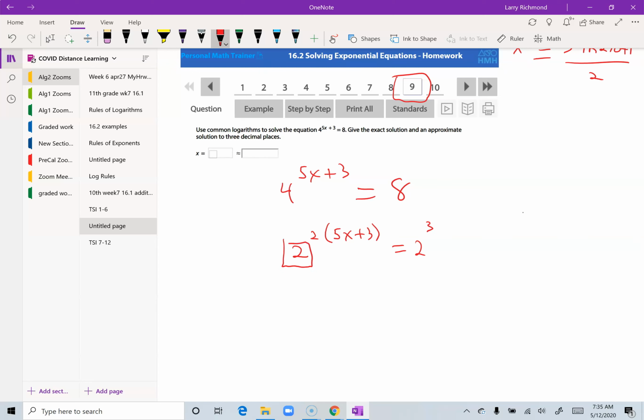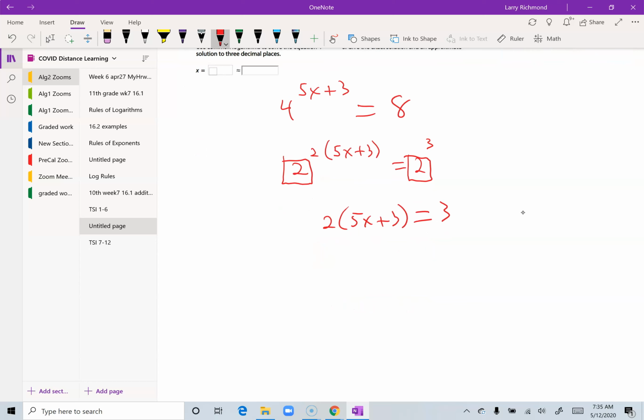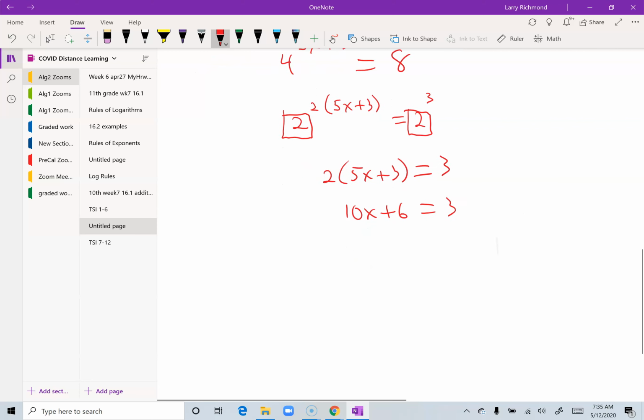So now we've got our situation. We have the bases are equal to each other. Since the bases are equal to each other, it must be true the exponents are equal to each other. I can now set both exponents equal. 2 times 5x plus 3 is equal to 3. I could distribute this 2, or I could simply divide by 2 on both sides. This time I'm going to distribute it. 2 is a very easy number to distribute.